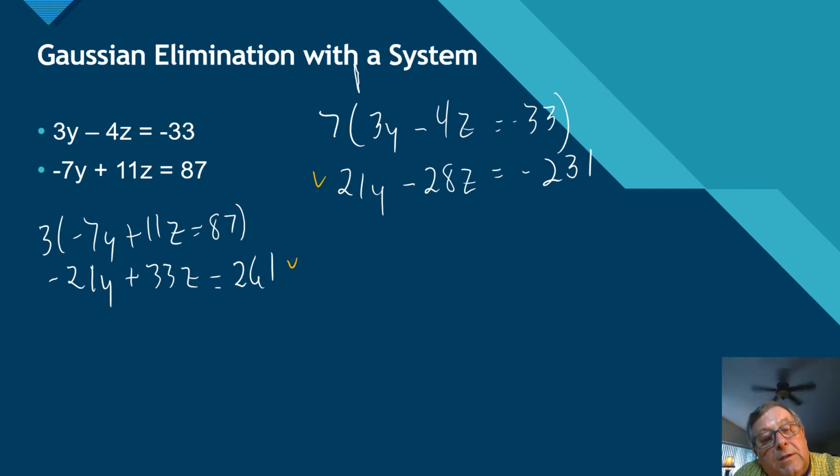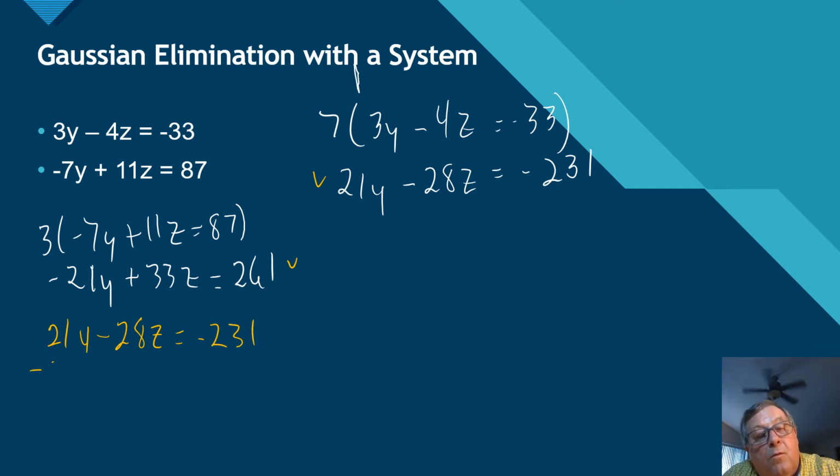So 21y minus 28z equals negative 231, and we're going to add to that negative 21y plus 33z equals 261.